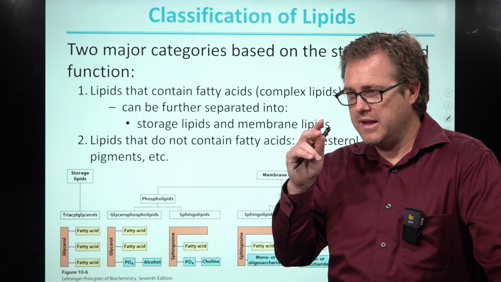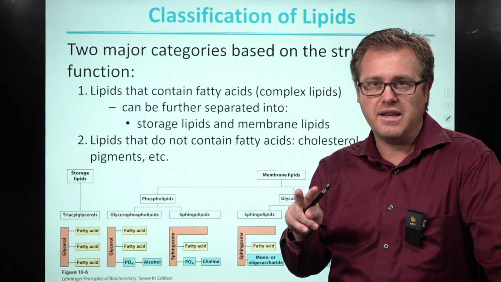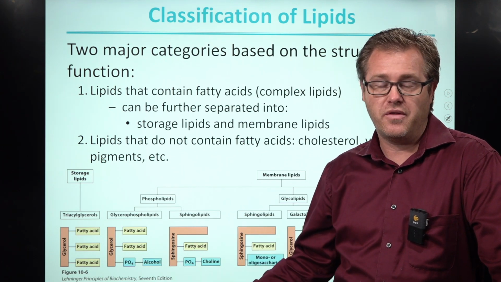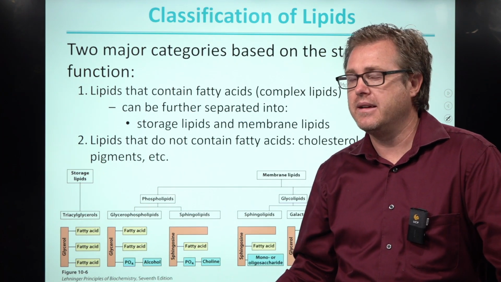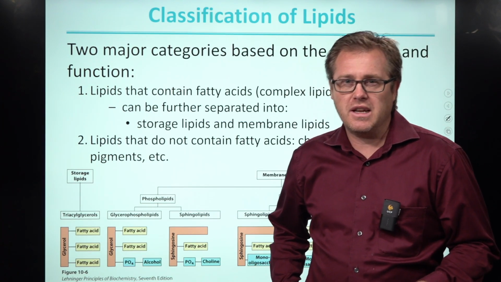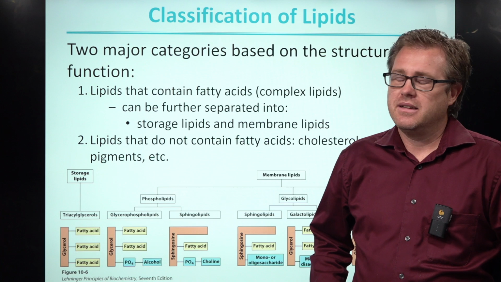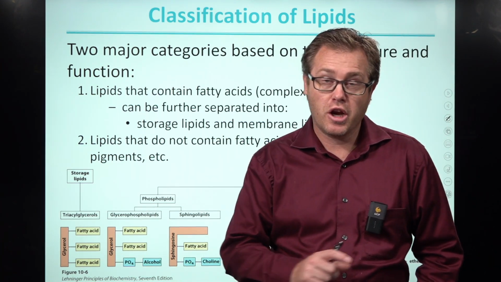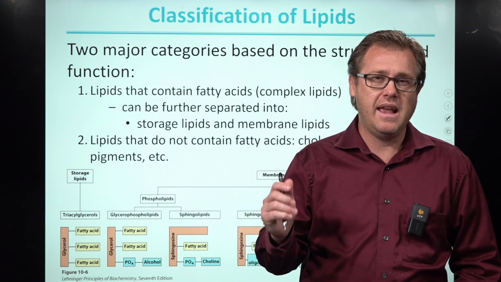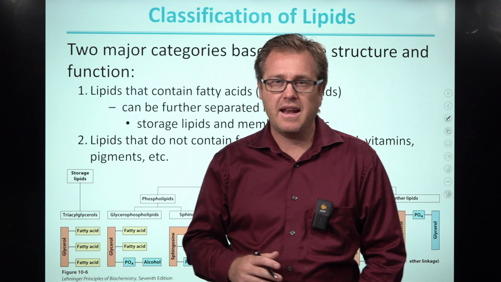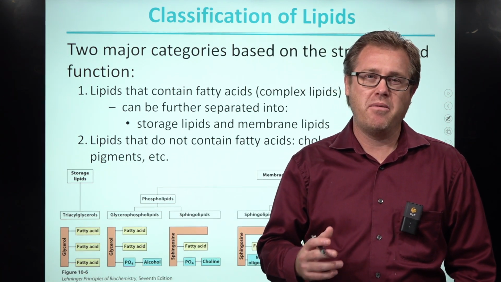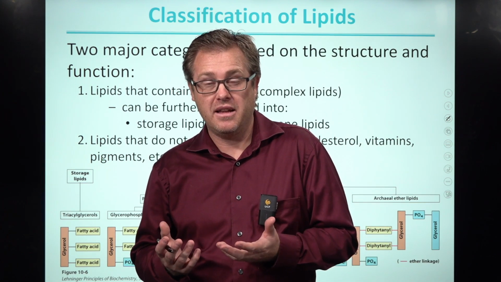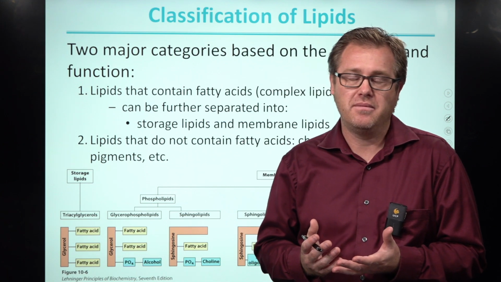So let's talk about 2 advantages here of fats being stored as a fuel source. The first is that when you take a look at the fatty acids, there's a lot of carbons. And we have to take those carbons and oxidize them. And when we oxidize them, that's how we get the energy that we need.